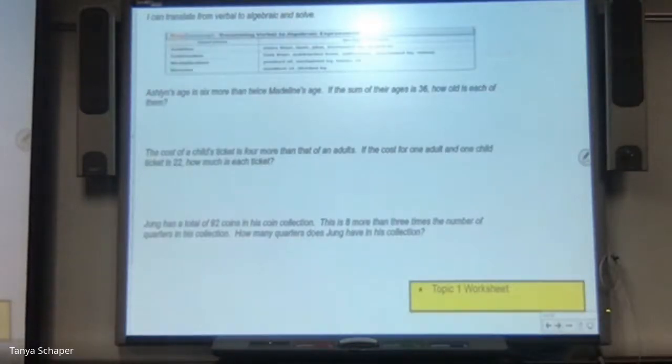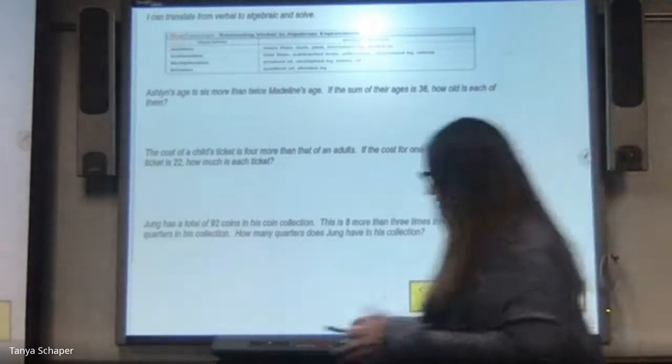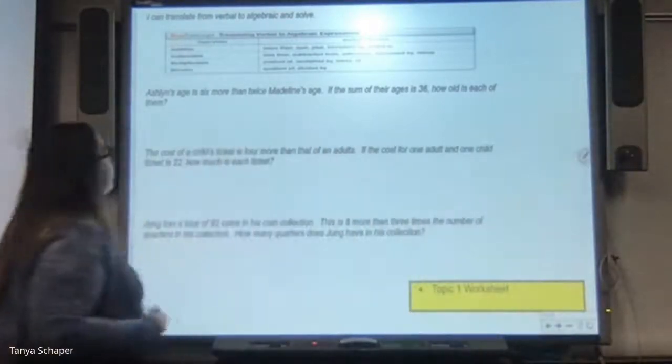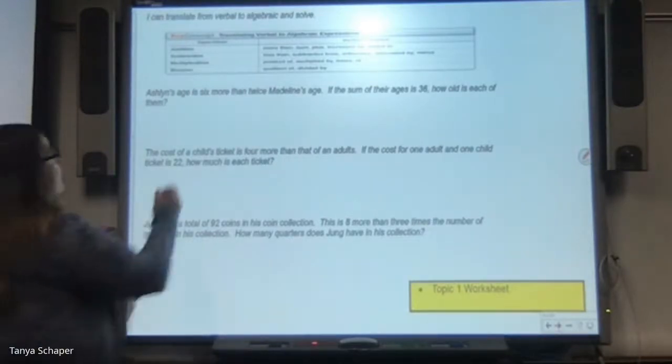This is taking on more real life scenarios, not just words. So Ashlyn's age is 6 more than twice Madeline's age. If the sum of their ages is 36, how old is each of them? Okay, so let's talk with this.